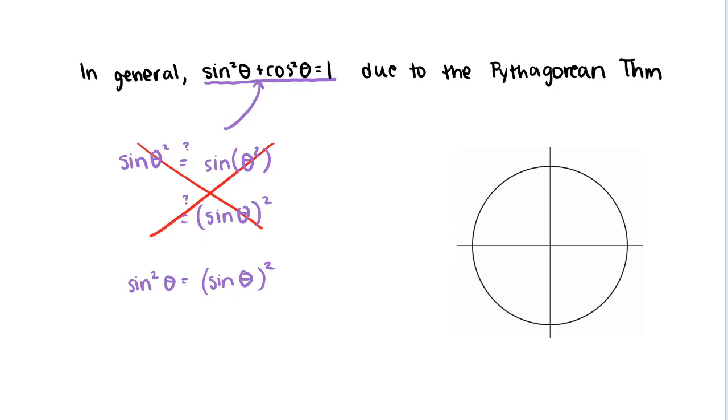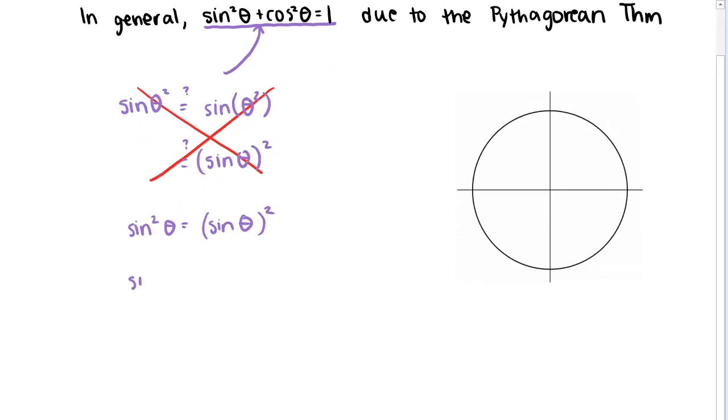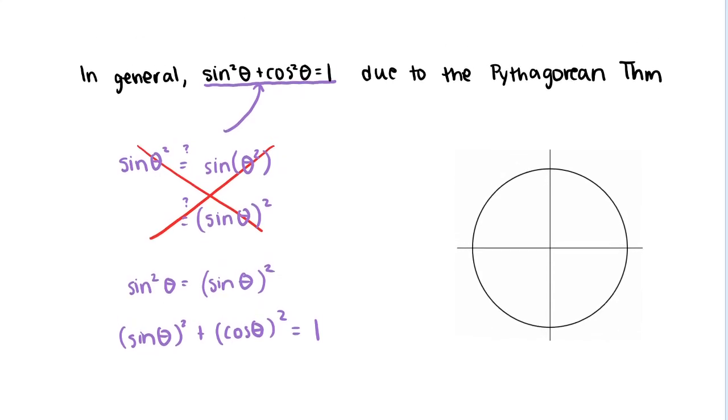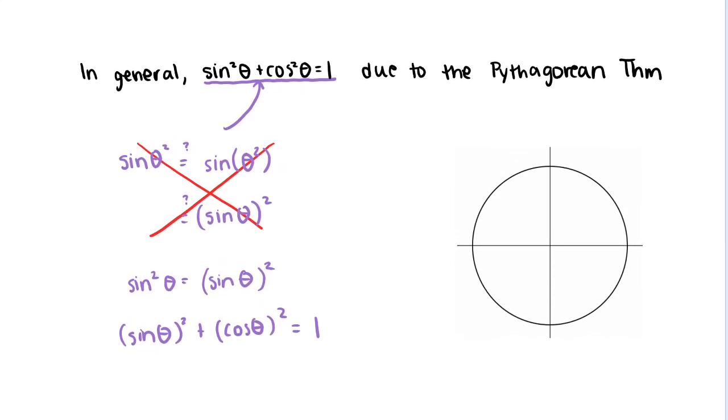So the above statement, sine squared of theta plus cosine squared of theta is equal to 1, is like saying compute sine of theta and square it, compute cosine of theta and square it, add those together, and that must equal 1. Okay, so this statement, sine squared of theta plus cosine squared of theta is equal to 1, is called the Pythagorean identity.